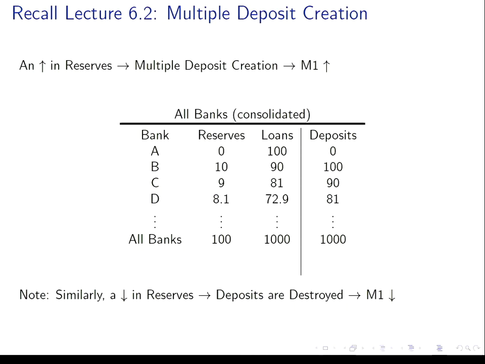Okay, you won't have these large multipliers if banks are not making a loan of say $90, but say for example Bank B is holding $10 as excess reserves as well. In that case, Bank B will only make a loan of $80, and the deposit will increase by $80. And if each and every bank is doing the same thing, then the increase in deposits won't be as large as in the case where no bank is holding any excess reserve, right?